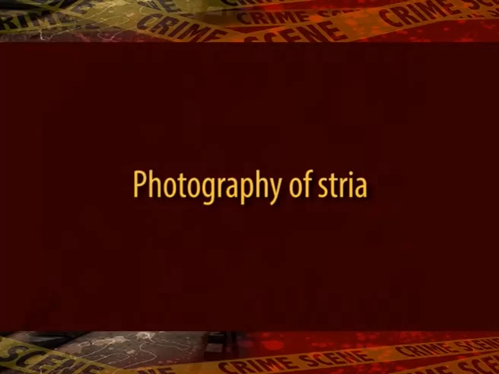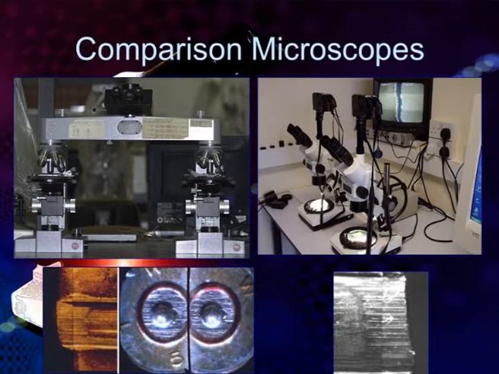Photography of striae. Now, while most comparison microscopes have some form of photographic system for recording the striation marks, this is only of any real use in tool mark examination, since striae present on a flat surface may easily be photographed, but striations on bullets are on the circumference of a curved surface, and only a small portion of this can be adequately represented in focus in a single photograph.